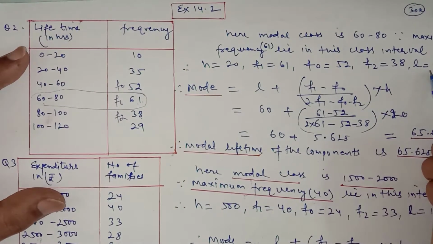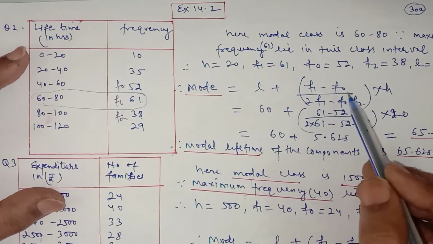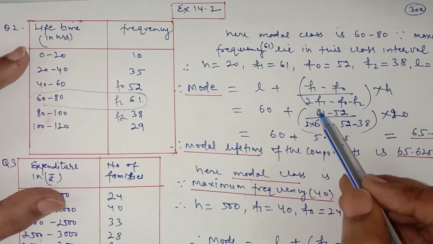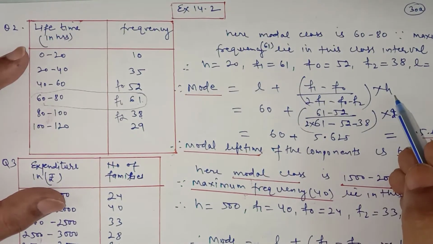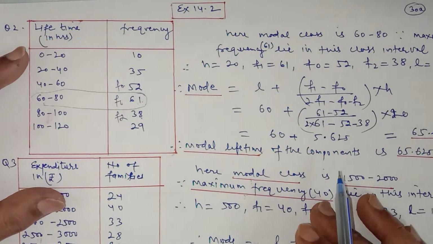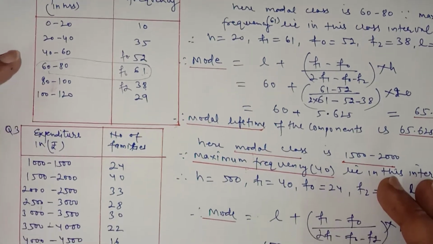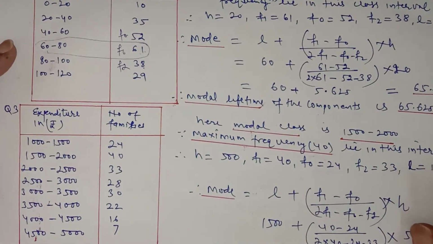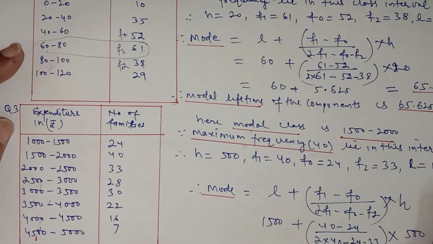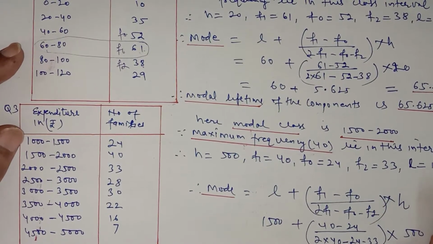These are the values, and you have to replace them in the formula, that is L plus F1 minus F0 divided by 2F1 minus F0 minus F2 into class size, and you will get 65.625 hours as the modal lifetime of the electrical appliances. Now in question number 3, expenditure is given in rupees and the number of families is given, and you have to find the modal expenditure.